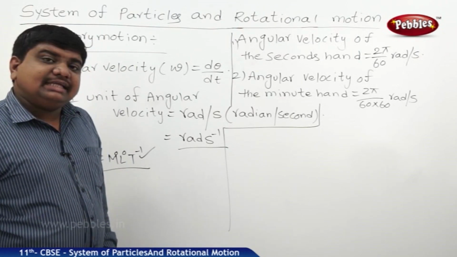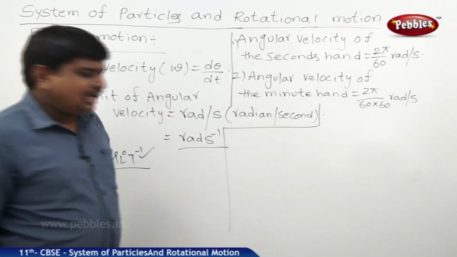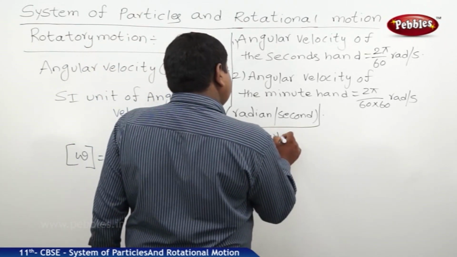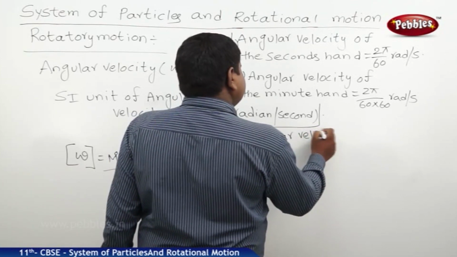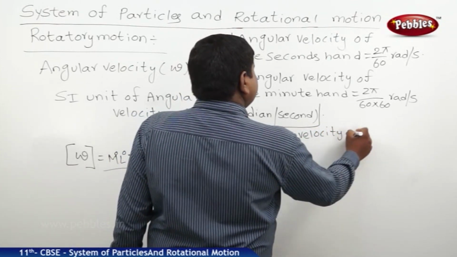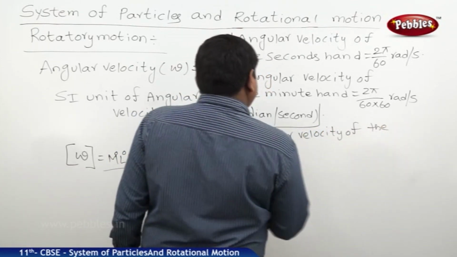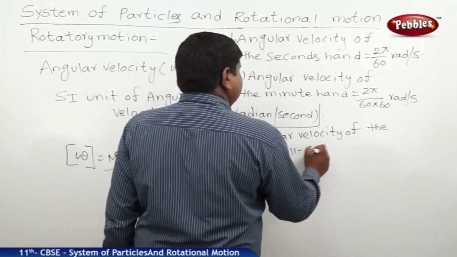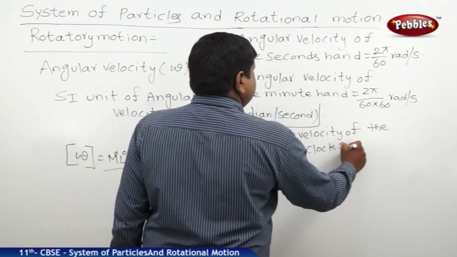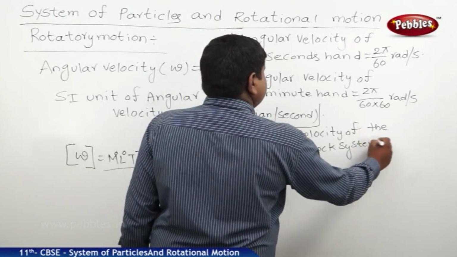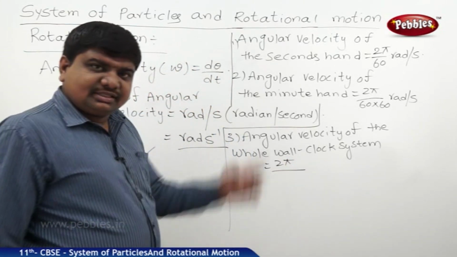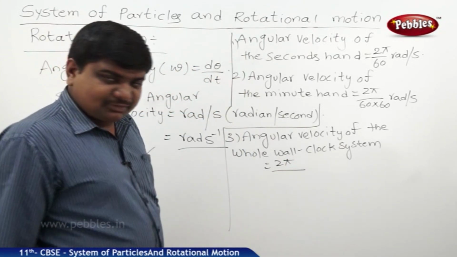Next, the angular velocity of the hour hand, or the angular velocity of the whole wall clock system, is equal to 2 pi by, in a wall clock there are 12 angular divisions.